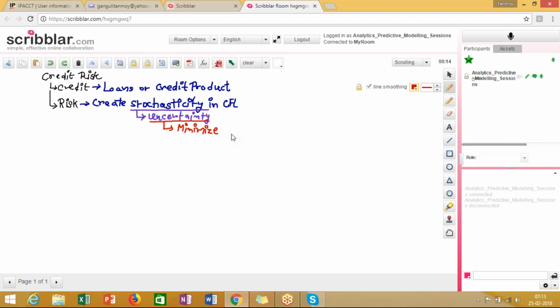So basically, a bank is a financial institution, and one major role of banks is to channelize funds across the nation. So across the economy, its objective is to channelize funds. Now, how does it channelize the funds?